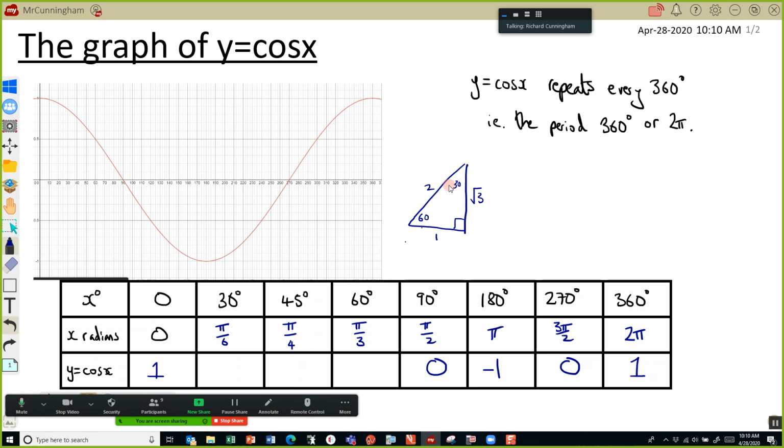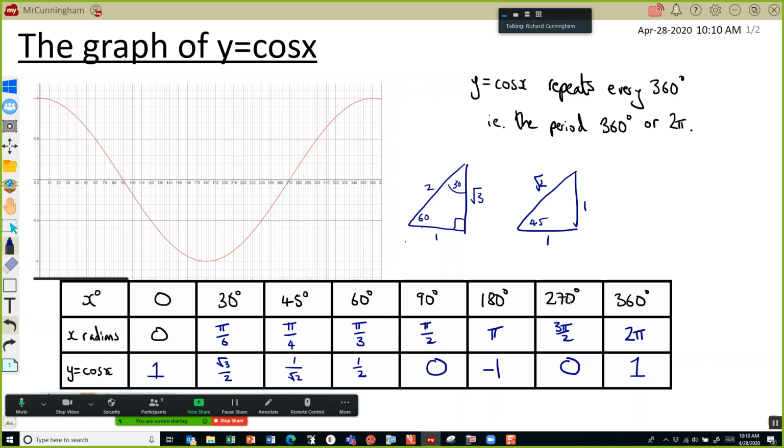So cos of 30, adjacent over hypotenuse: root 3 over 2. And cos of 60 is 1 over 2. And cos of 45, with a triangle of 1, 1, root 2, is 1 over root 2.